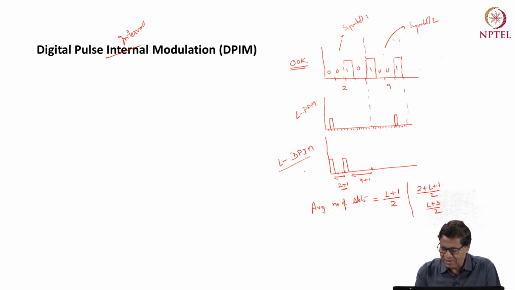So the average power will be high, but it can give you a high transmission capacity or high transmission rate. And also if you see the average power, if I plot, this is the number of bits, 2, 4, 6, 8, and if I plot for PPM, this is average power.